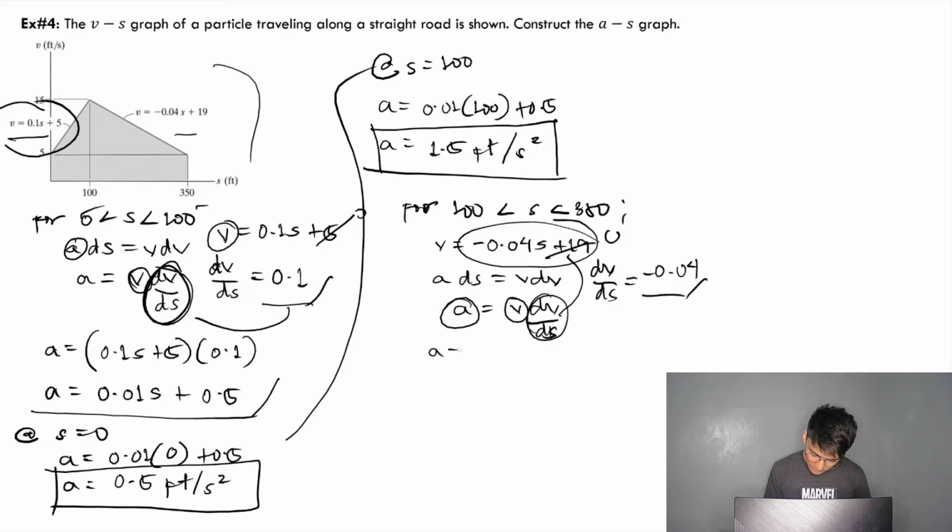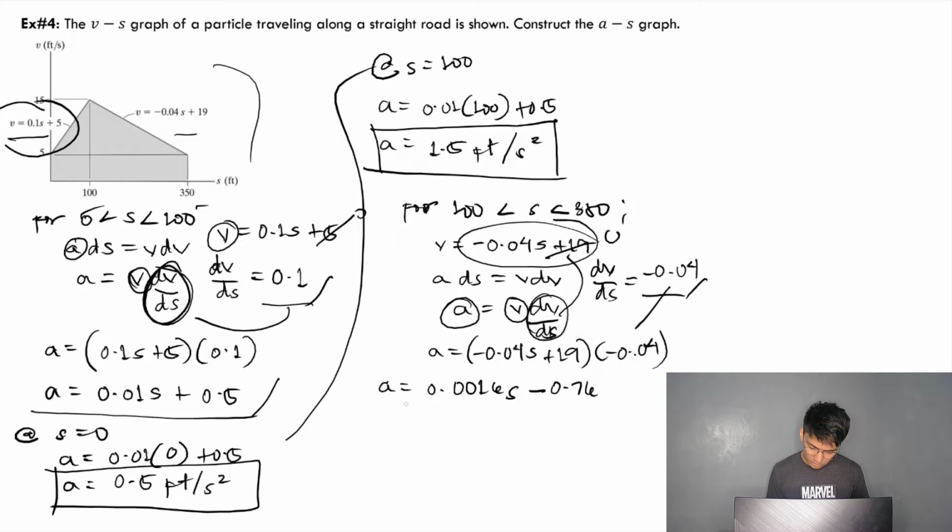So, acceleration now is equal to negative 0.04s plus 19 times ito na negative 0.04. Yung ating acceleration is equal to 0.0016s minus 0.76. So, ito yung ating equation.